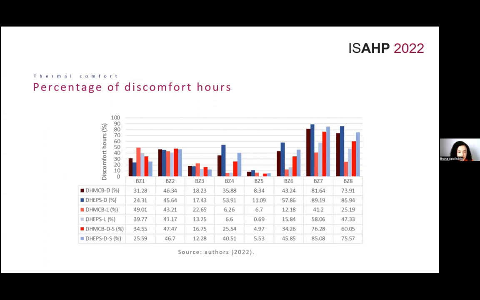In the percentage of discomfort hours, in the cold cities, the building systems with EPS presented the lowest percentage, while in the hot zones, the situation was reversed.